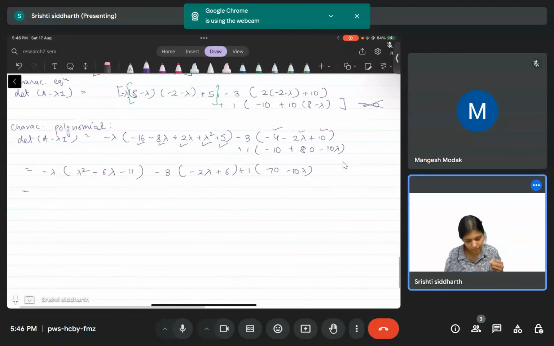You have minus lambda cubed, minus 18, that's again minus 1.